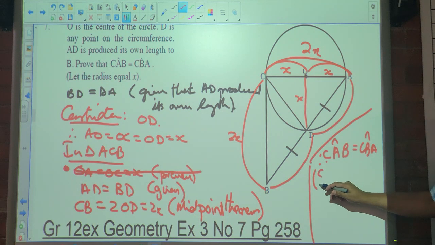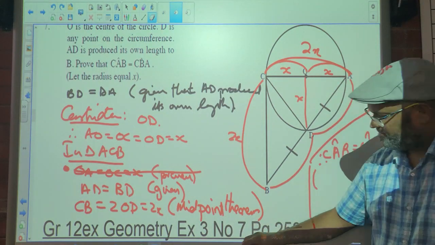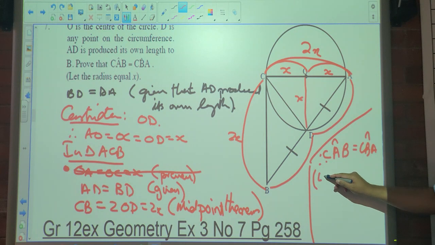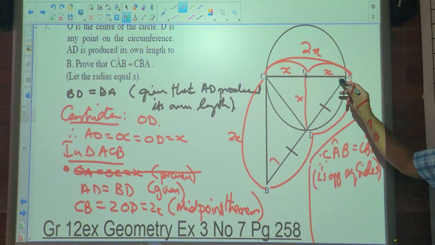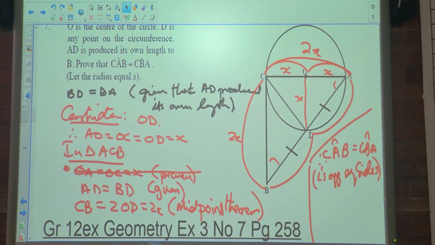Because angles opposite equal sides. The sides are equal, therefore those angles have to be equal. Do you guys understand? A nice question, eh? You didn't come across one of this before?